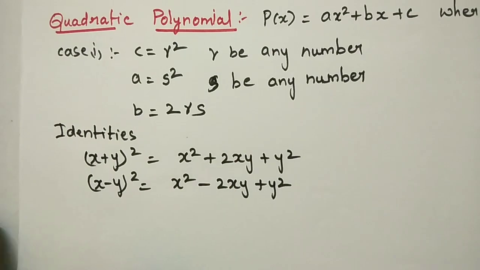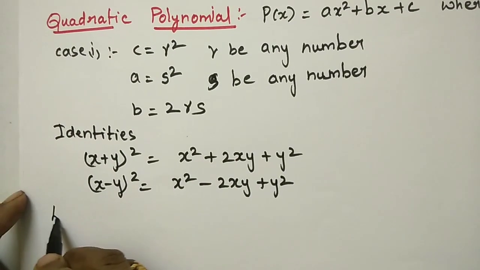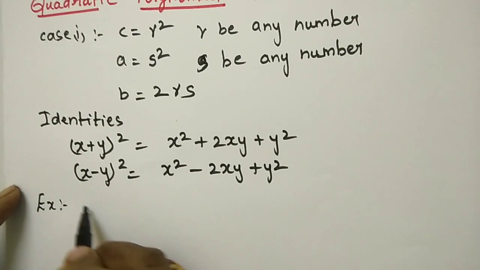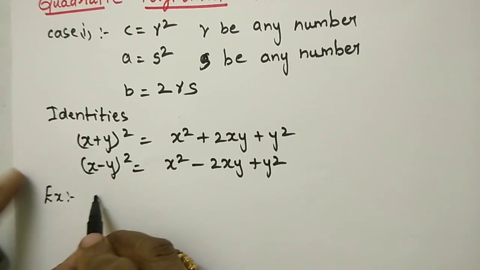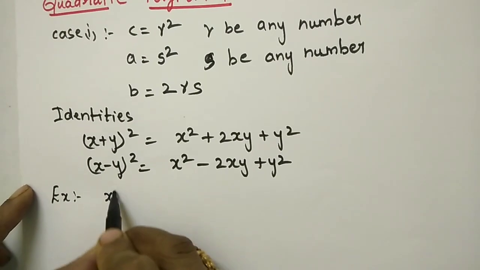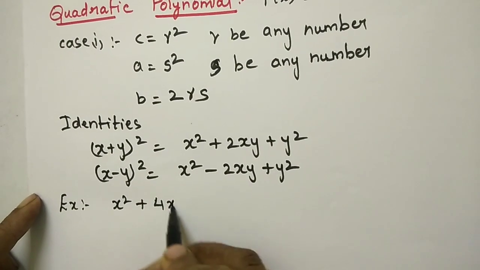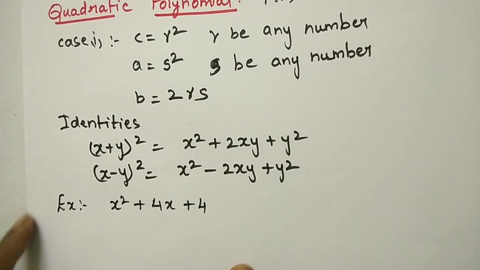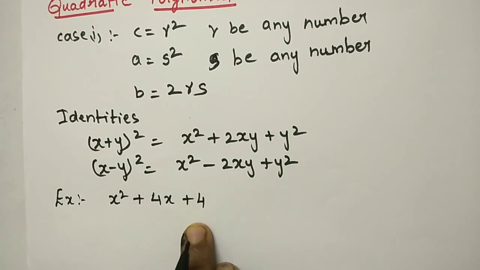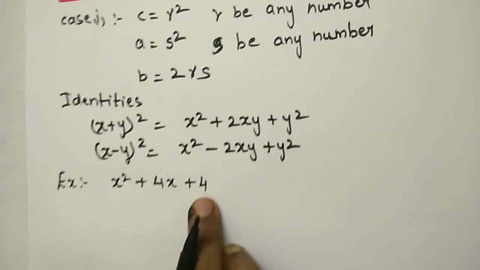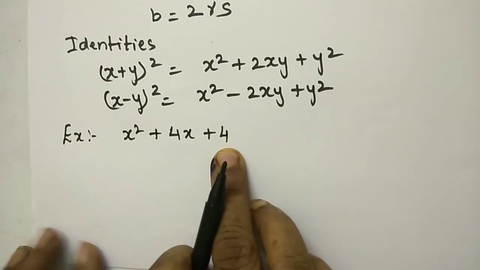I will explain this by taking an example. Let us take an example and find the factors of that. Suppose the algebraic expression is given as x square plus 4x plus 4. If we have to find the factors of this algebraic expression, first we look at the constant term.